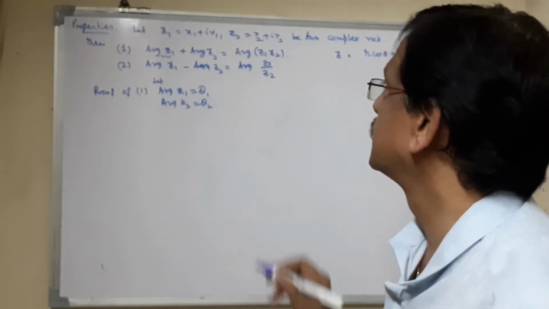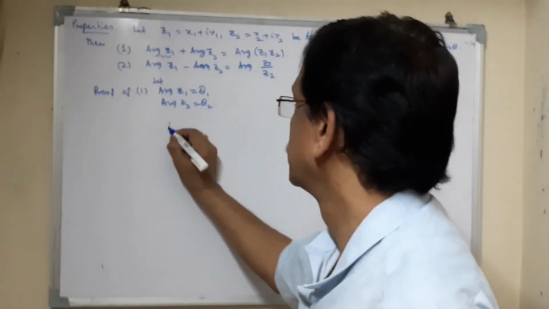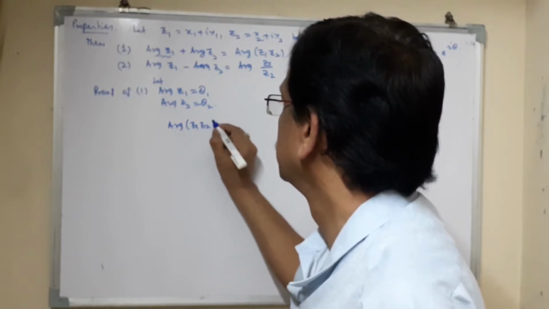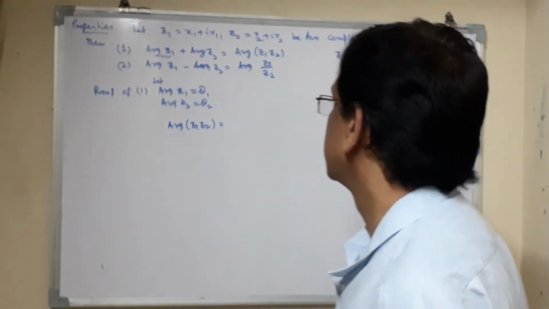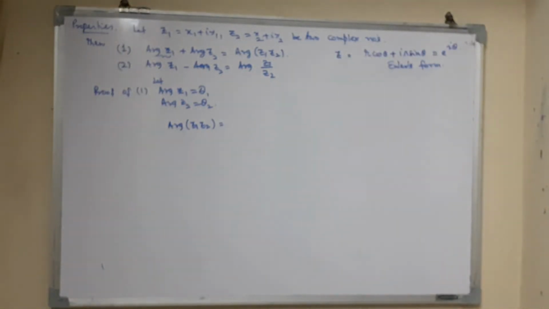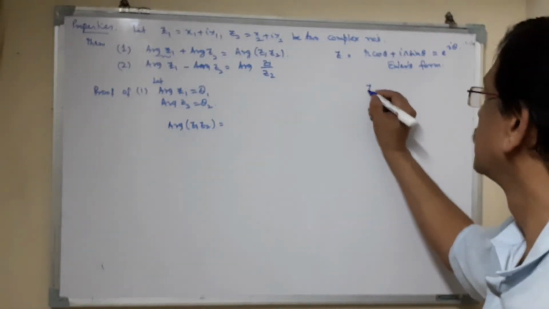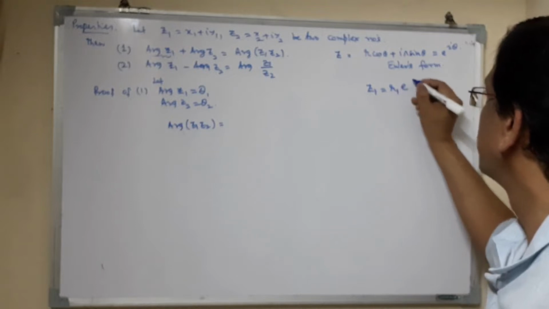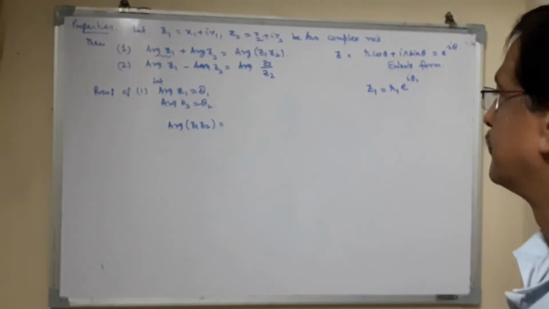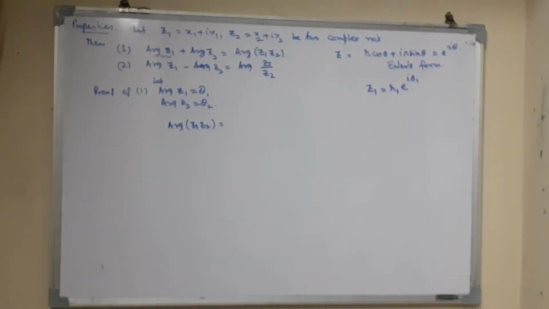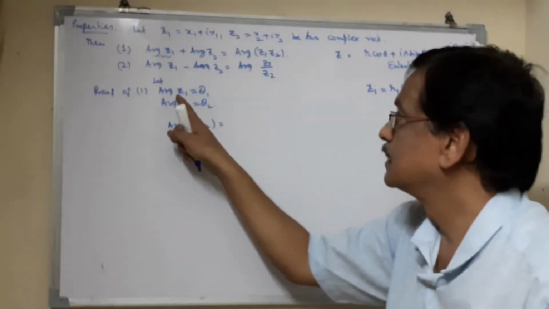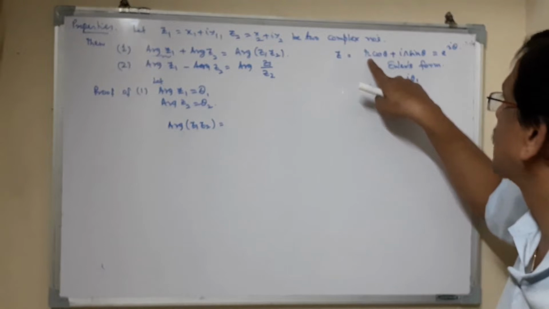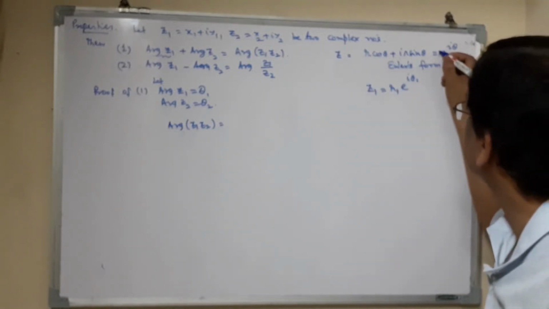Let us represent Z1 as R1 e power i theta 1, because Z1 has the Euler form like this, r e power i theta.